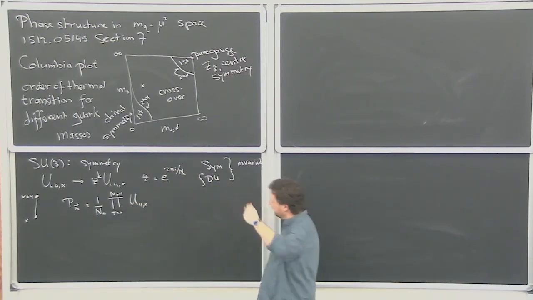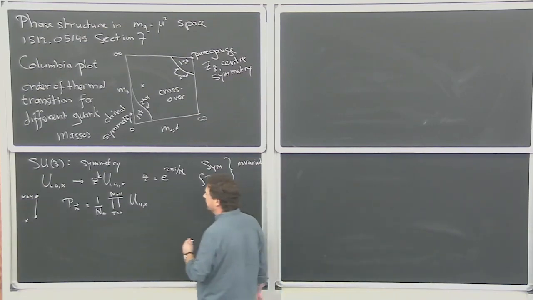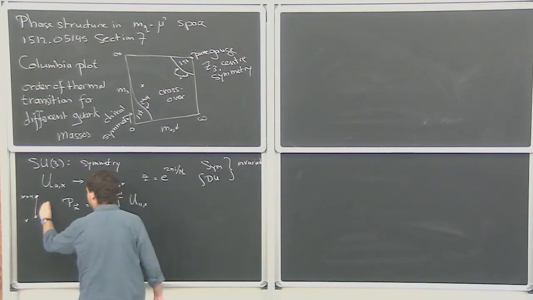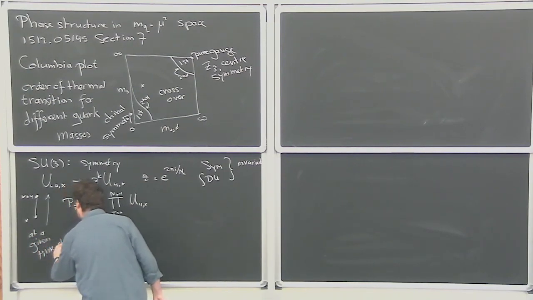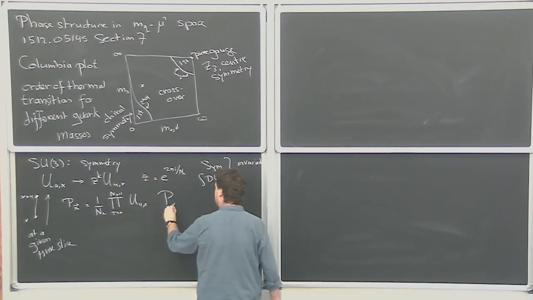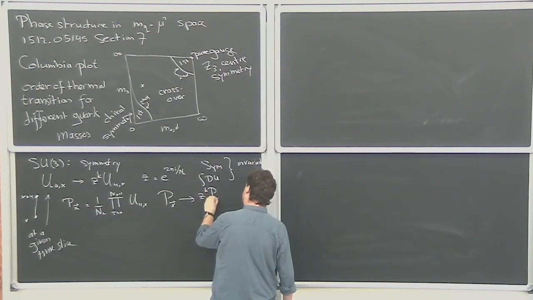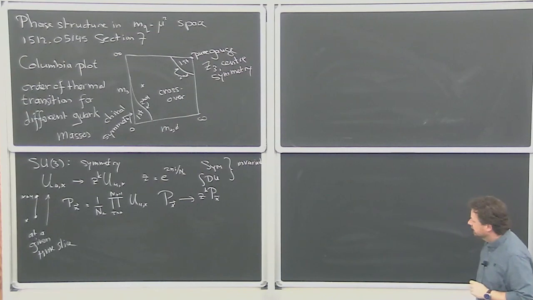This one is not invariant, because if I multiply the links at a given time slice, then this Polyakov loop will transform by this phase factor, so it will not be invariant.